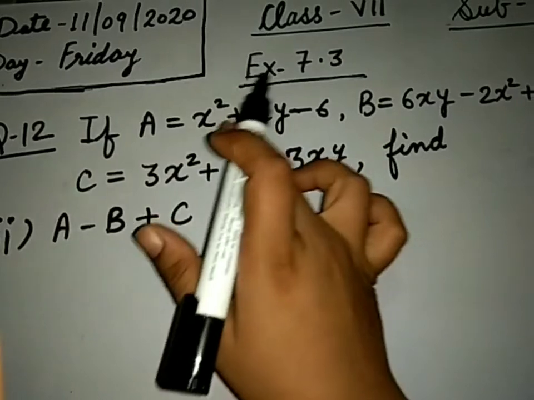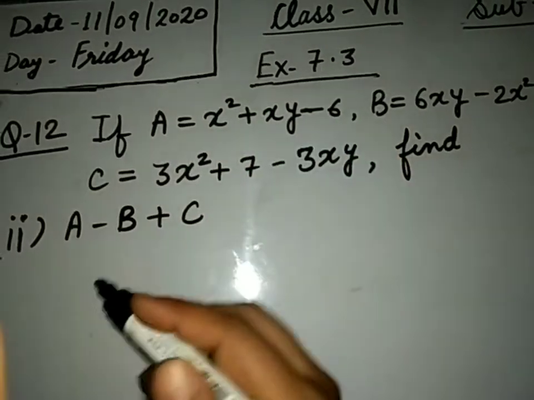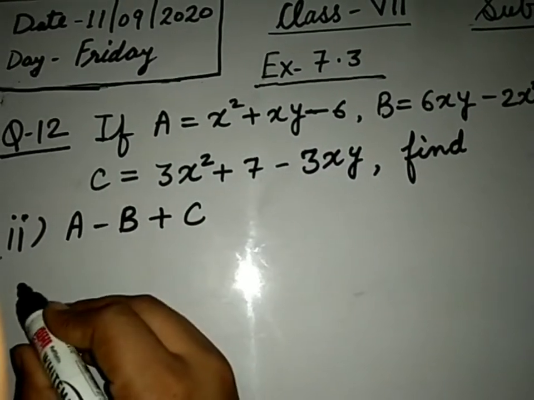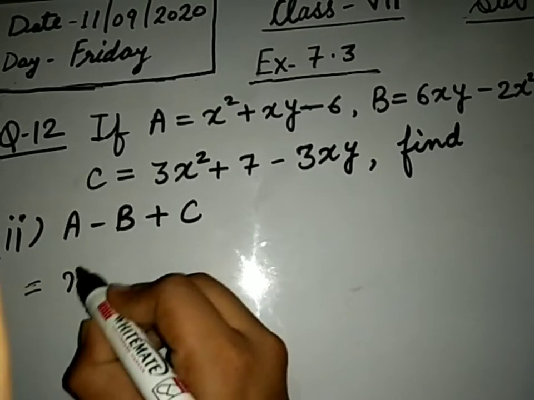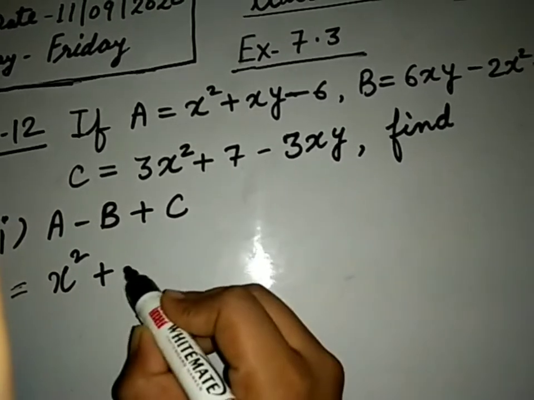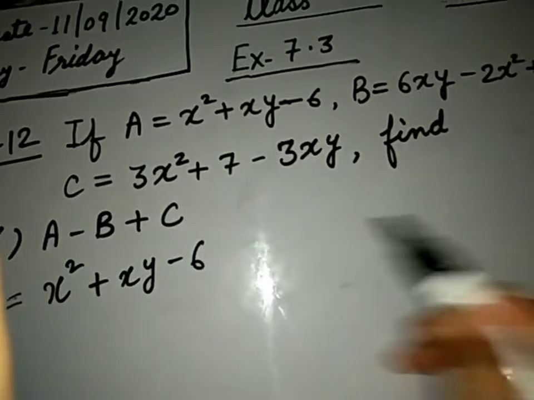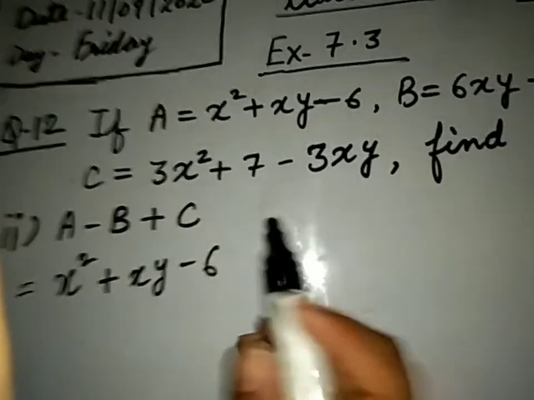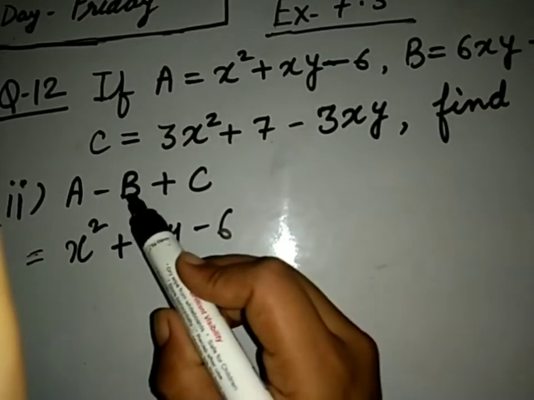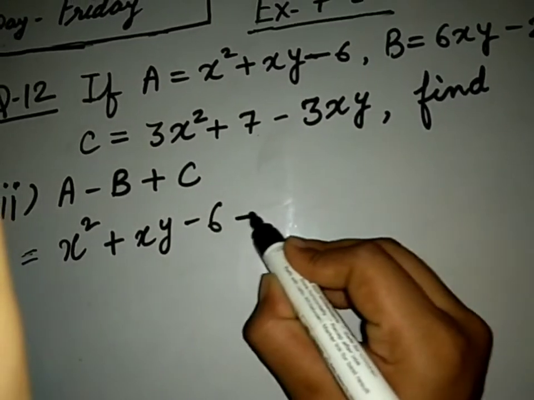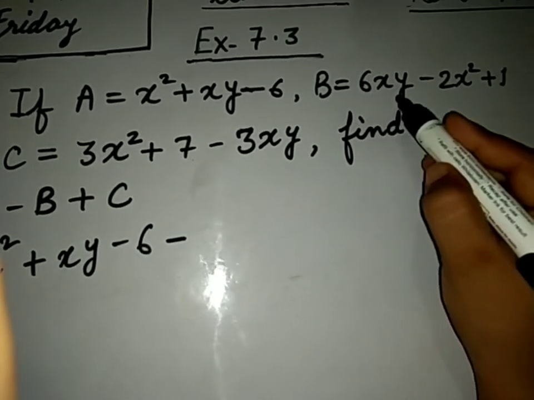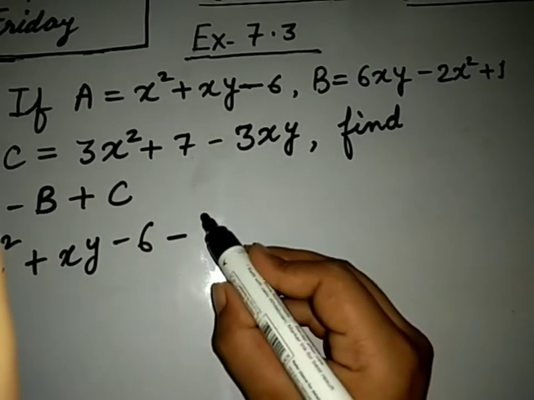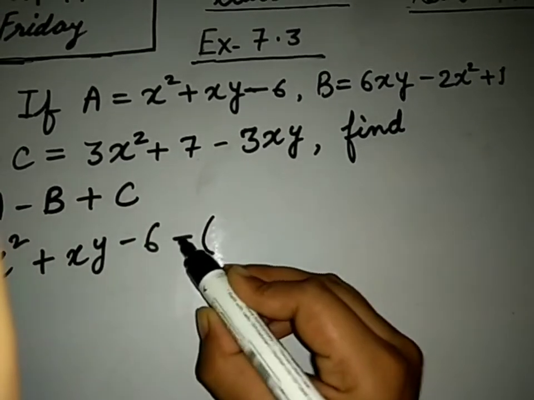Value of A is this, so please put this value at the place of A. So equal x square plus xy minus 6, which is the value of A. Then minus B, so we put here minus, and value of B is 6xy minus 2x square plus 1. So we use here a bracket because there is a negative sign.